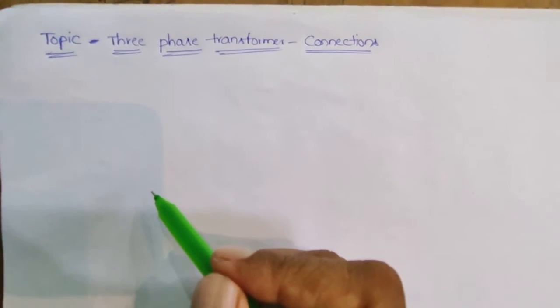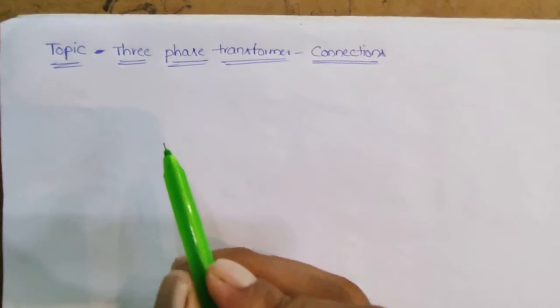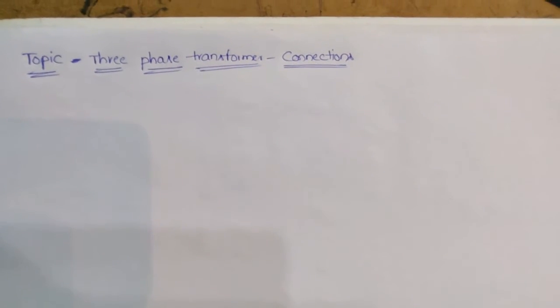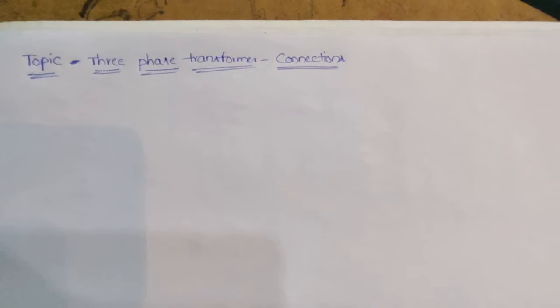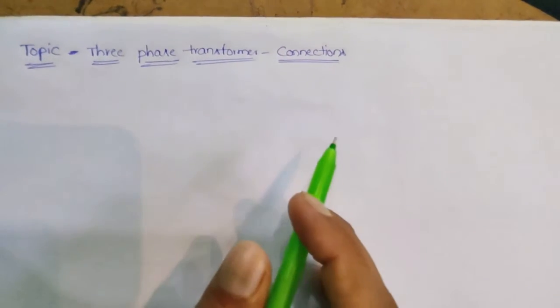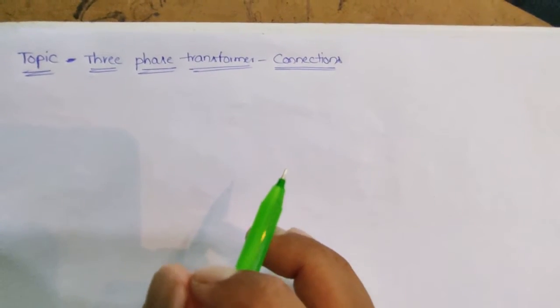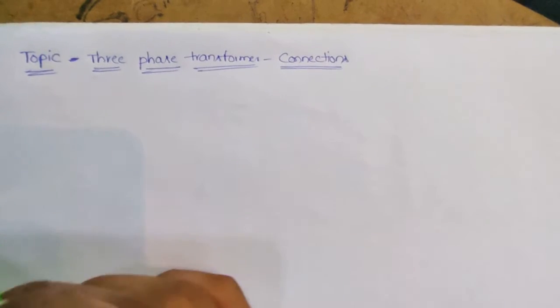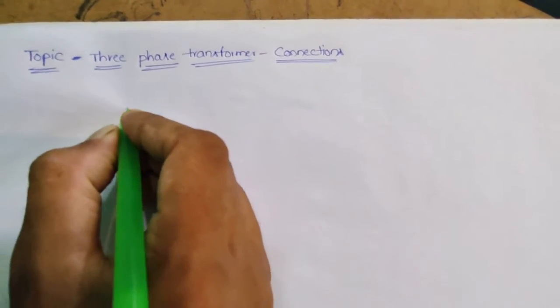Before going to this, I will discuss what is the three-phase transformer. Actually, three-phase system is used to generate and transmit electric power because three-phase system is economical than single-phase system.